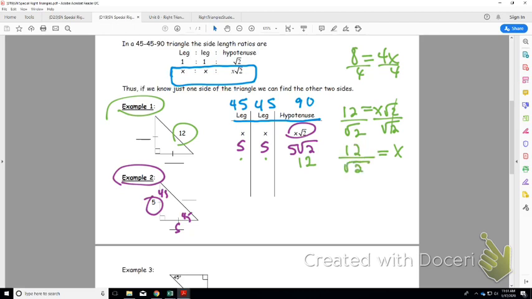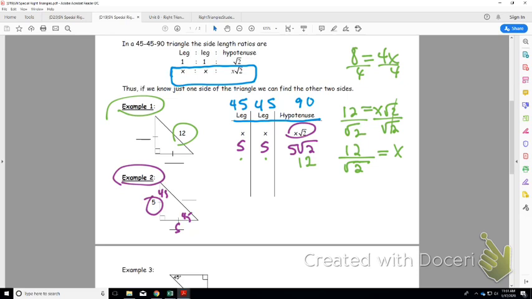Okay. All right. However, your square root of 2 is an irrational number, right? If you put that into the calculator, you're going to get what? A decimal that never ends. And you guys learned in Algebra 1 that that's an irrational number, okay?